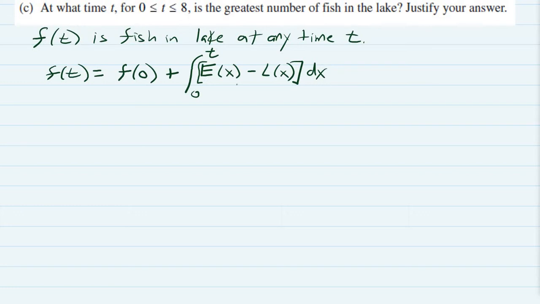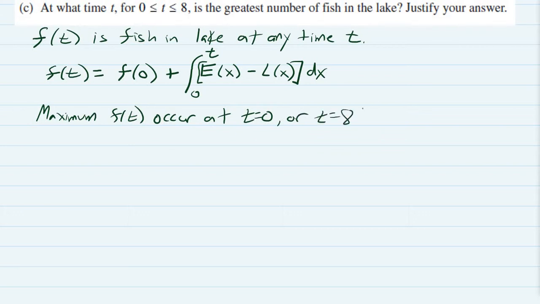But the whole purpose here is I'm trying to find the maximum value for this particular function. And so the maximum f of t is going to occur at t equals 0 or t equals 8.